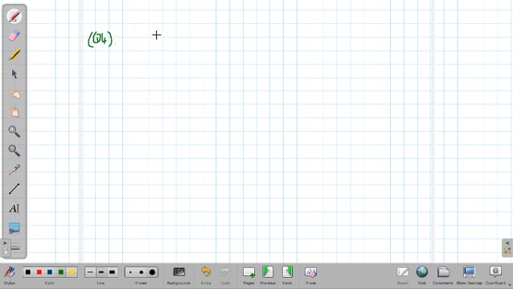The question given is x dot plus 2x equal to e raised to minus 3t, and the initial condition given is x of 0 equal to 0. Okay, so how to solve this using Laplace transform? What is the solution?